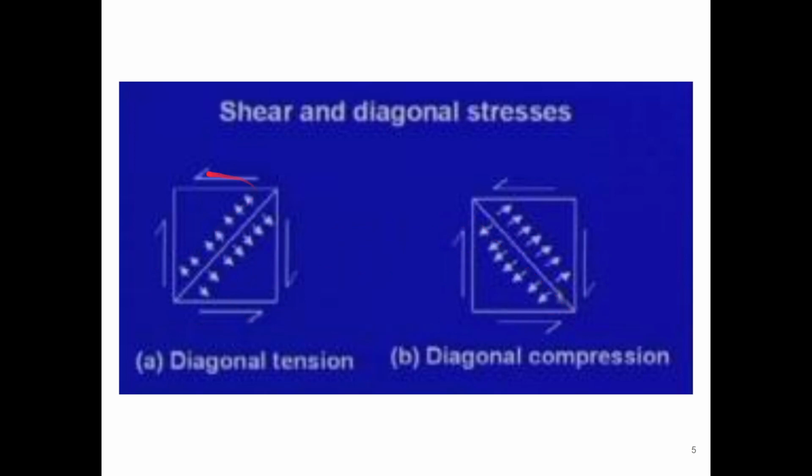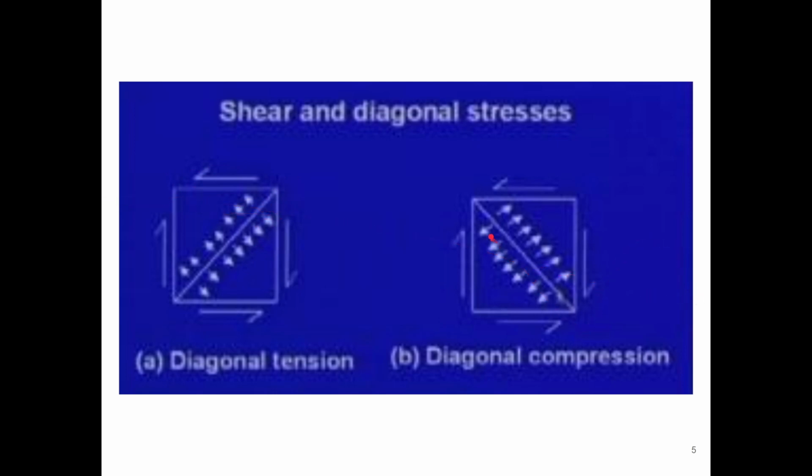In this case the diagonal is in the opposite direction as compared to the shear stress, so it is trying to exert some tensile force, trying to elongate. That is why it is called diagonal tension.